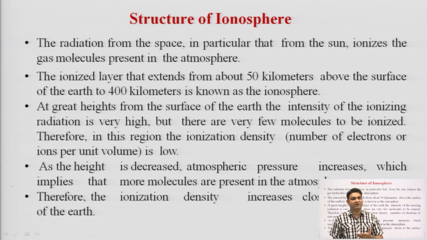As the height decreases, atmospheric pressure increases, which implies that more molecules are present. The rate of recombination is so much higher that, although ionization occurs, the ions cannot be stable at heights below 50 kilometers.